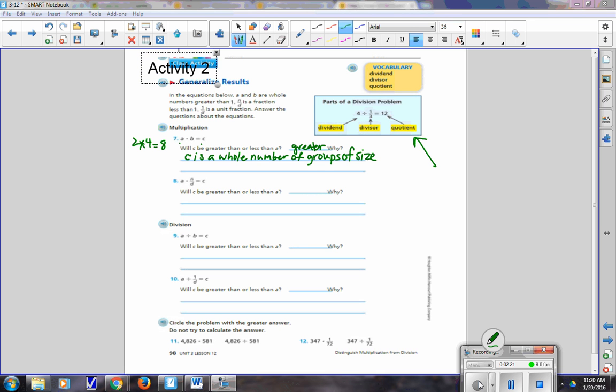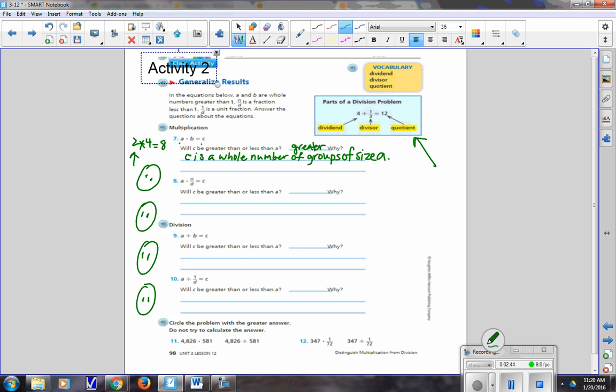C is a whole number of groups of size A. So my A is 2, and there are 4 groups, 1, 2, 3, 4, with 2 in them, right?